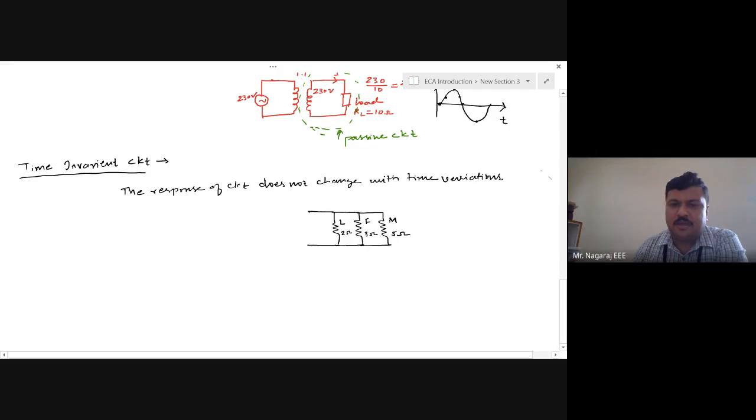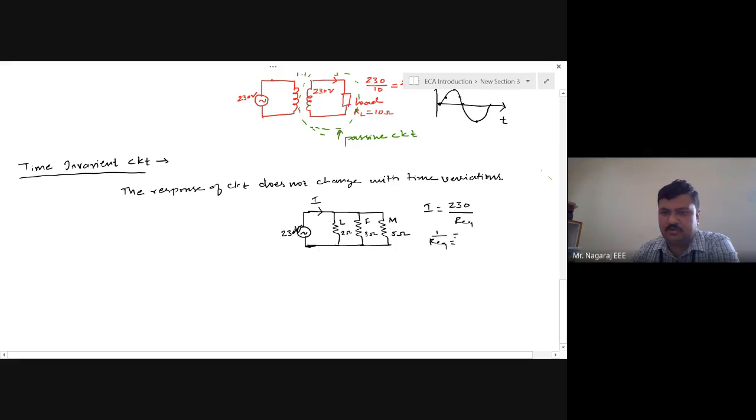And here I apply 230 volts, which is AC. What is the current drawn from the source now? I is equal to 230 divided by R equivalent. So what is R equivalent?